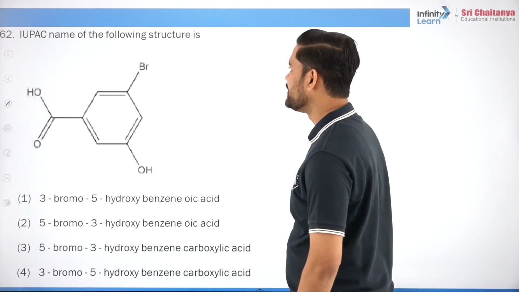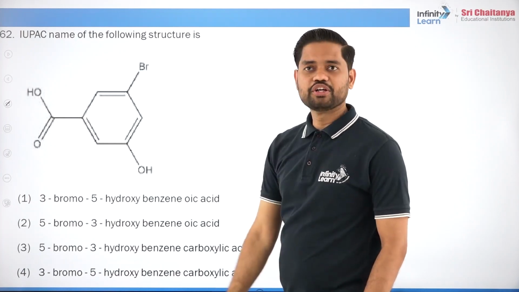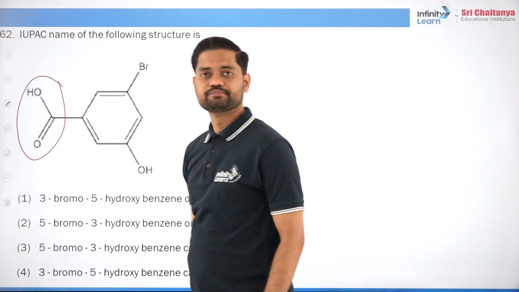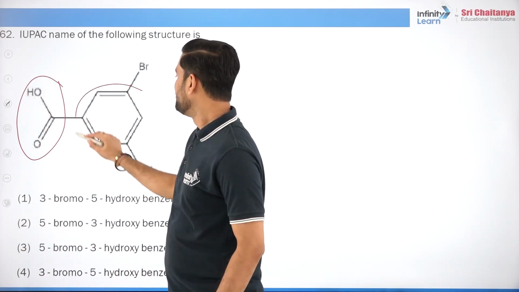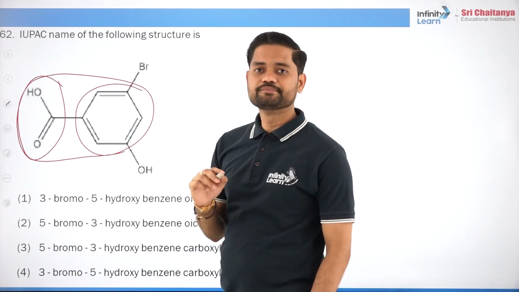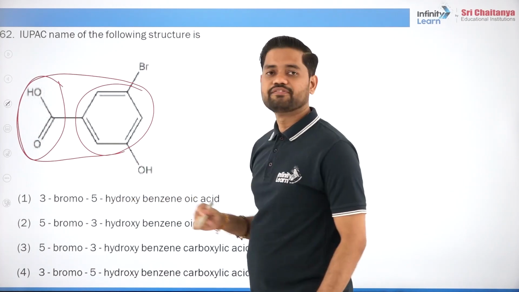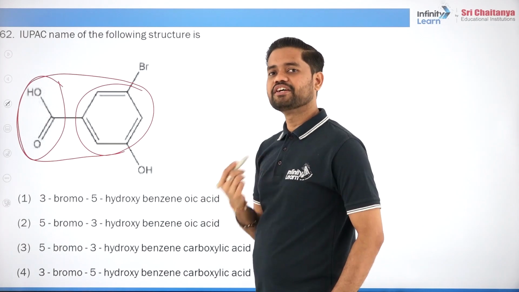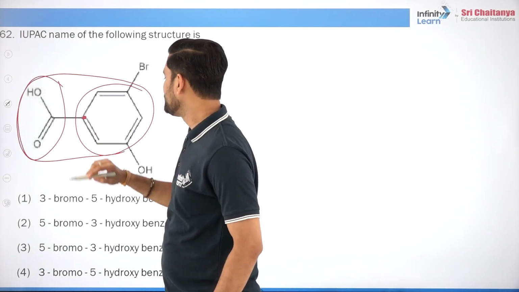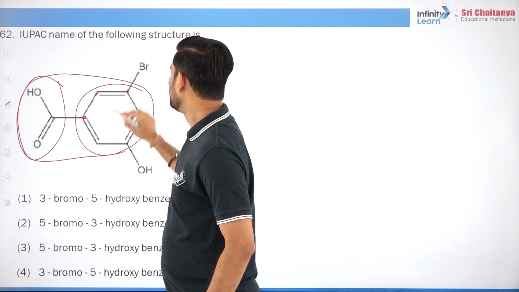Talking about question number 62, IUPAC name. Again we have to do IUPAC name. We know that this is going to come under carboxylic acid, and this is benzene. So this entire name will become benzene carboxylic acid. Now we have already selected the functional group. Now the numbering should be done in such a way that substituents get the least number. If I start from here, this is position 1, 2, 3.